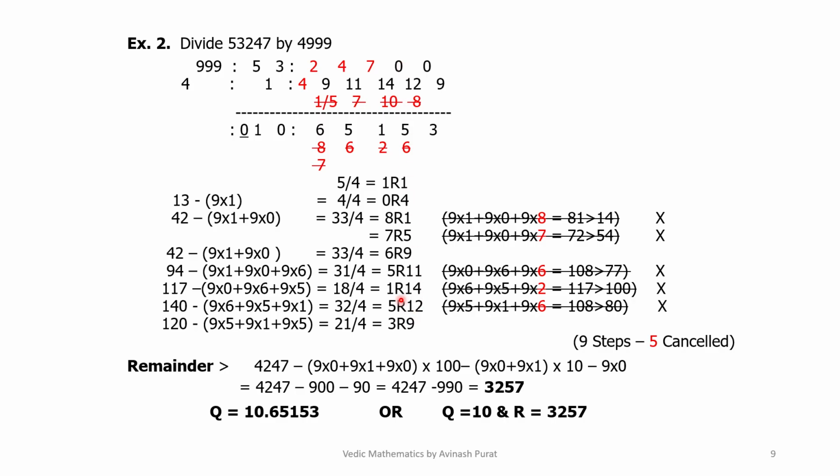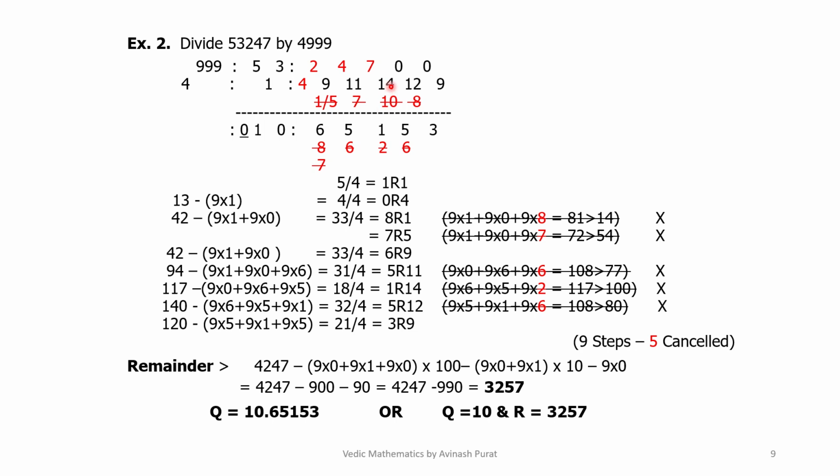So we have to consider the quotient as 1 only. So 117 minus 9 into 0 plus 9 into 6 plus 9 into 5, sorry, equal to 18 by 4, equal to 1 remainder 14.